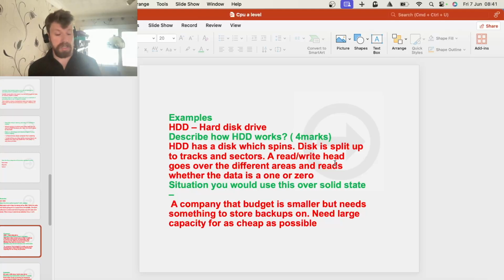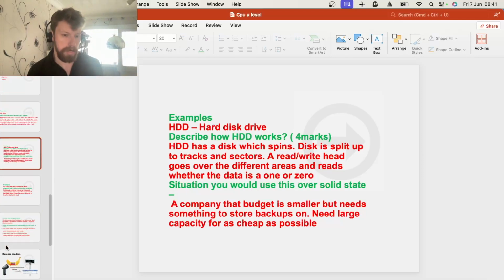Even though HDDs have quite quick write speeds, not as fast as solid state, it's not essential that you do everything as fast as possible, and it's cheaper than solid state. You could use magnetic storage as a backup. So that would just be the one situation which I thought I'd draw your attention to.